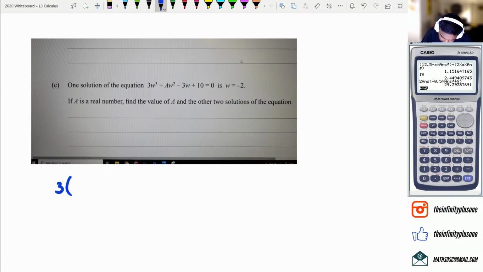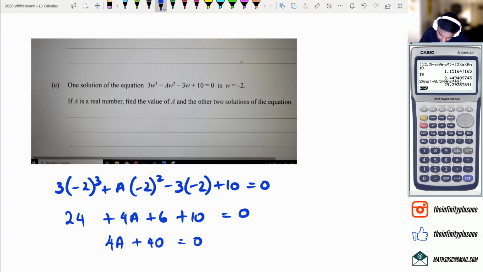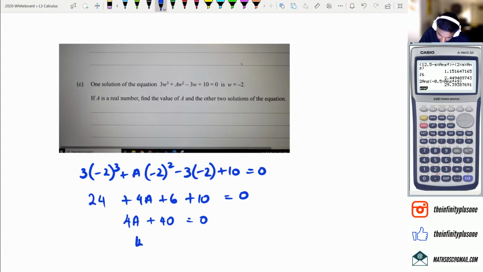You get 3 times -2 cubed plus A times -2 squared minus 3 times -2 plus 10 equals 0. So 8 times 3 is 24, plus 4A plus 6 plus 10 equals 0. We have 4A plus 40 equals 0, which means A is equal to -10. Doing this gets you achieved straight away.